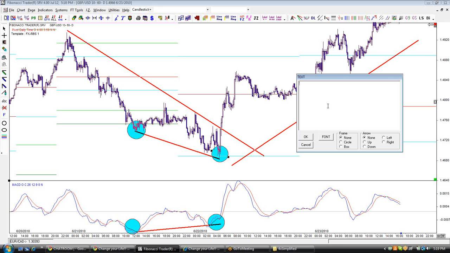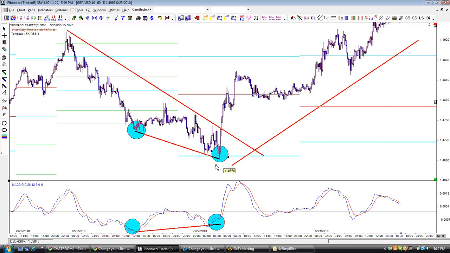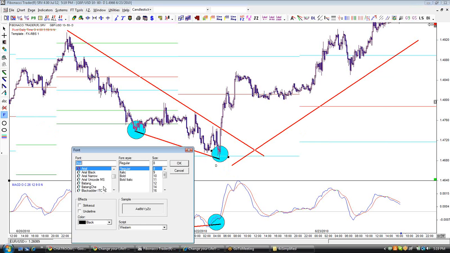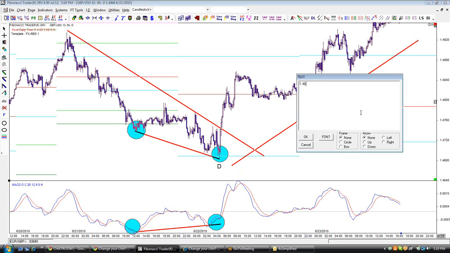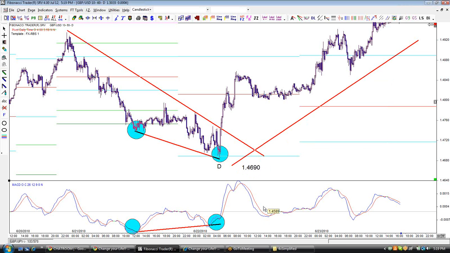Well, one thing is, imagine here at this low, this is a 10-minute chart. Imagine that at this level here, this is 146.90.